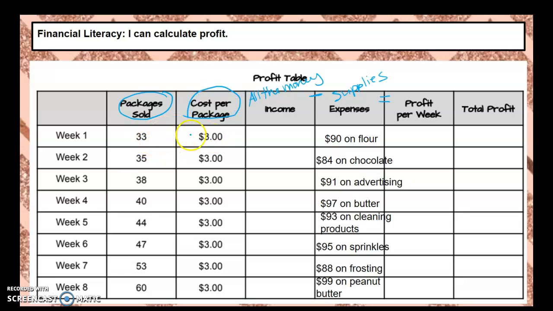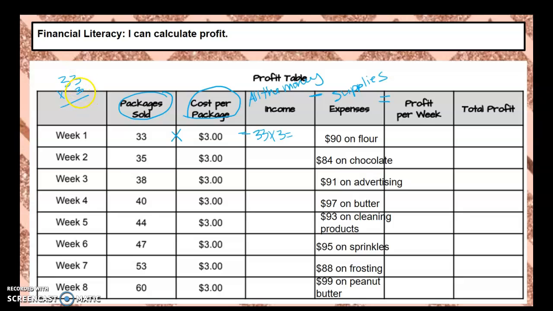To figure this out, you're going to have to go back to 3rd grade and remember multiplication. You multiply these to get your income. If you sell 33 and each package is $3, you do 33 times 3. You can do this on scratch paper so yours isn't as messy.